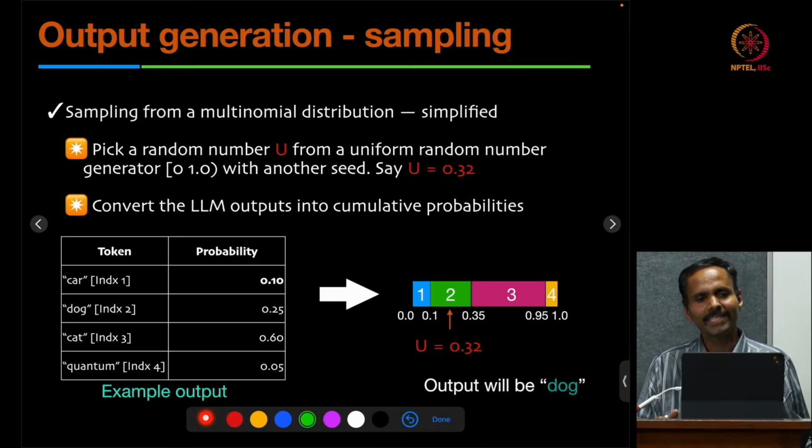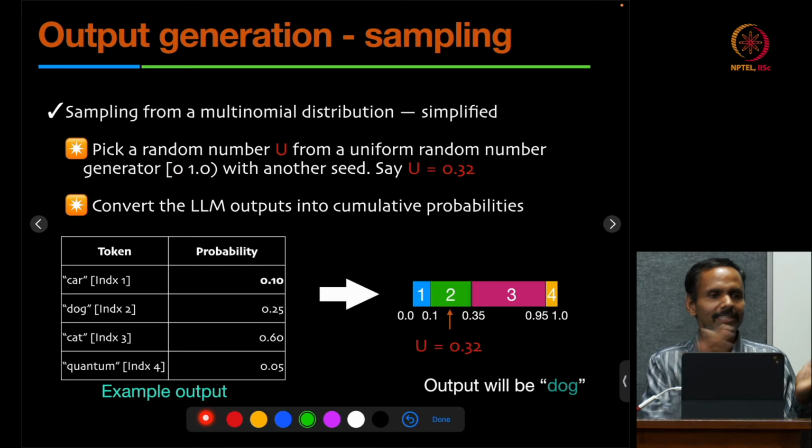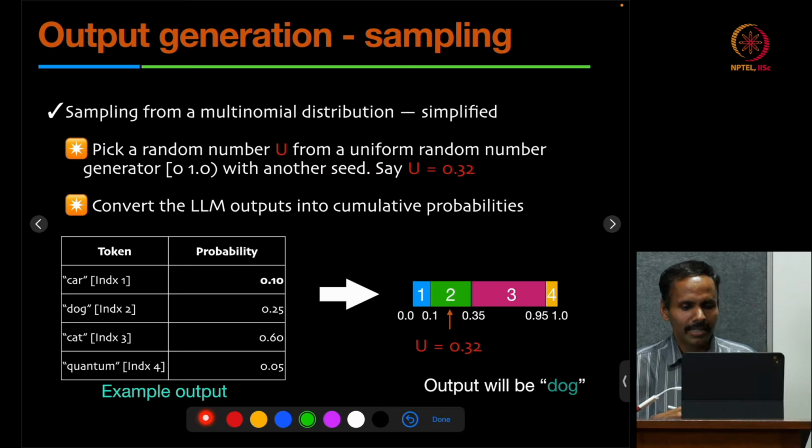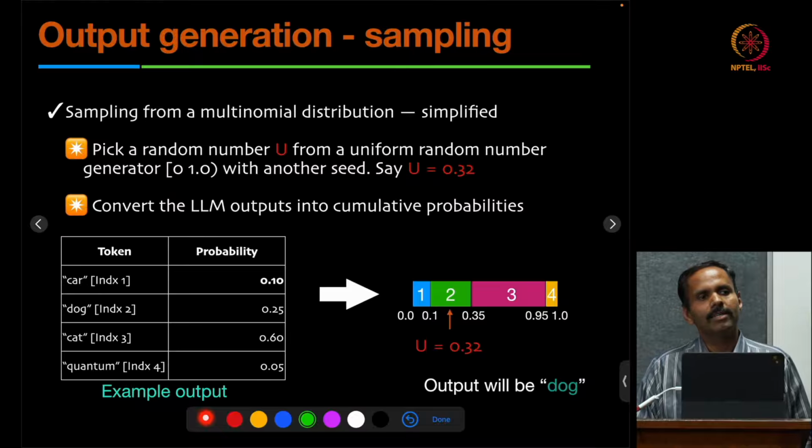Now it is 0.32. I put 0.32 in this real estate of 0 to 1, and suddenly the answer became dog, right. So every time you create a random number with a seed, and when you say regenerate, another seed appears and another random number comes in from the uniform distribution. That number gets placed into this set of possible outputs, and where it falls decides your output generation.